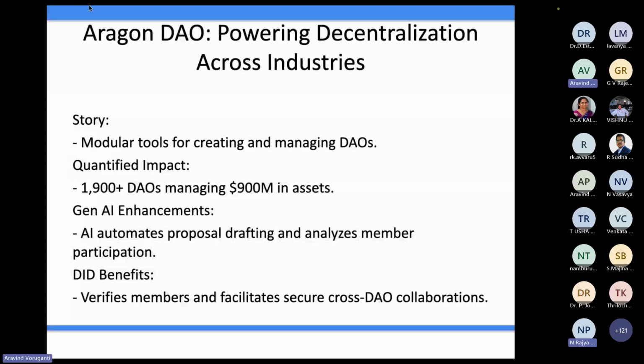What the Climate Collective DAO does is coordinate global climate initiatives happening across the world, and they are trying to bring some on-chain transparency and visibility to all these projects. So this is how Aragon DAO is acting as a backbone of decentralization, and AI governance can play a very good role in speeding up proposal drafting and analyzing member participation at scale. Okay. So while blockchain brings security, AI brings scale and speed.